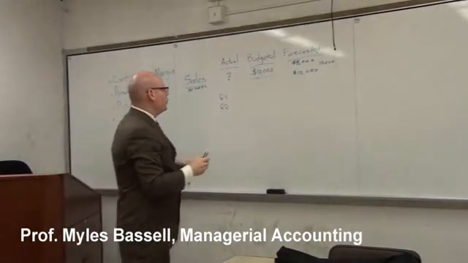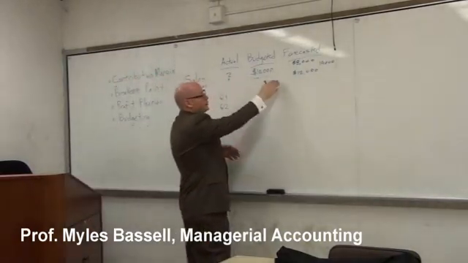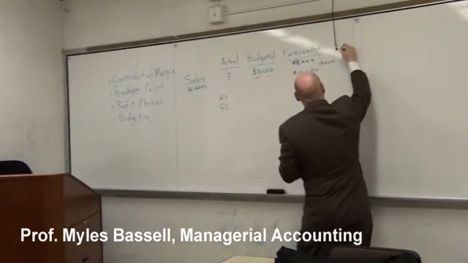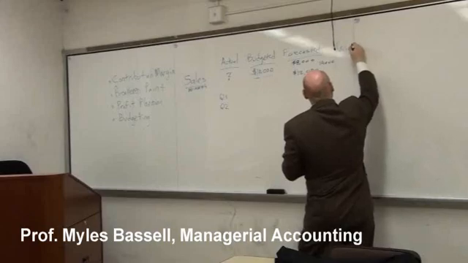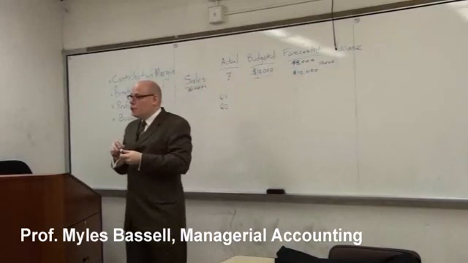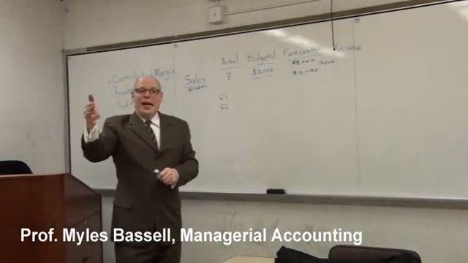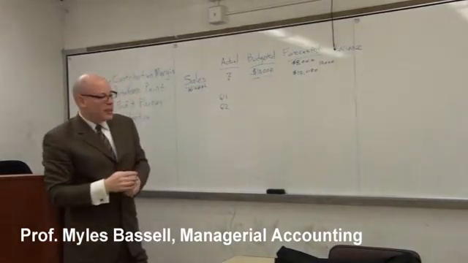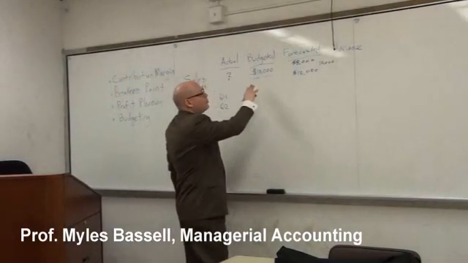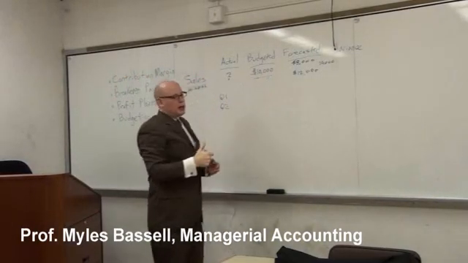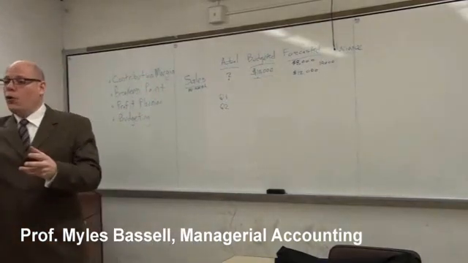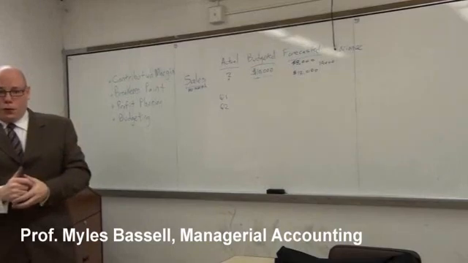So now we have what we call a positive variance. So we're going to look at variances. We're going to look at the variance, the difference between what was budgeted and actual. And we're also going to look at the difference between what was budgeted and what's forecasted, because we want to know where there's going to be a shortfall.